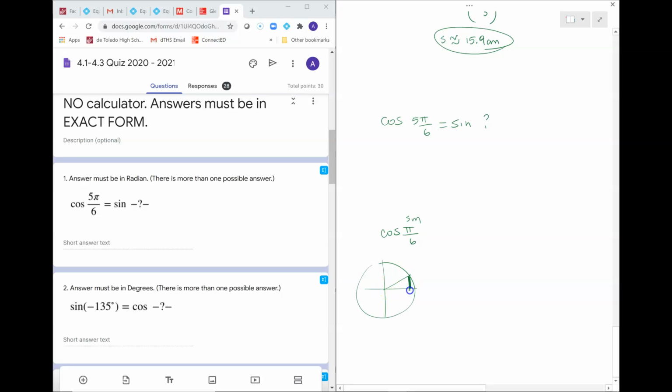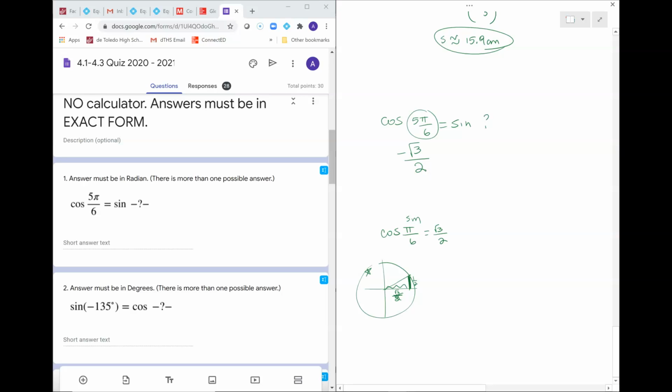So if it's an angle of pi over 6, that's the smaller side of 1/2. The horizontal is root 3 over 2. That is the cosine. However, since 5 pi over 6 is in quadrant 2, cosine is negative there. So that's negative root 3 over 2.